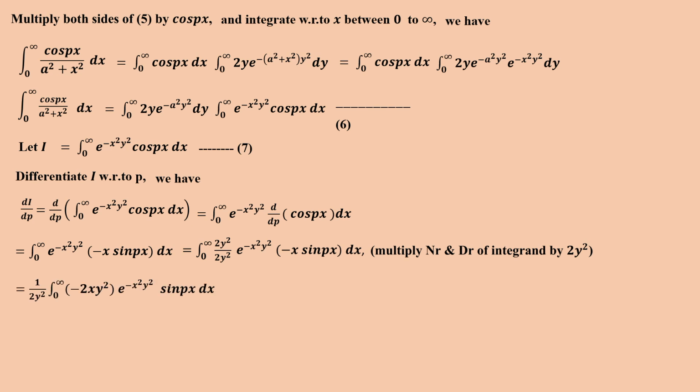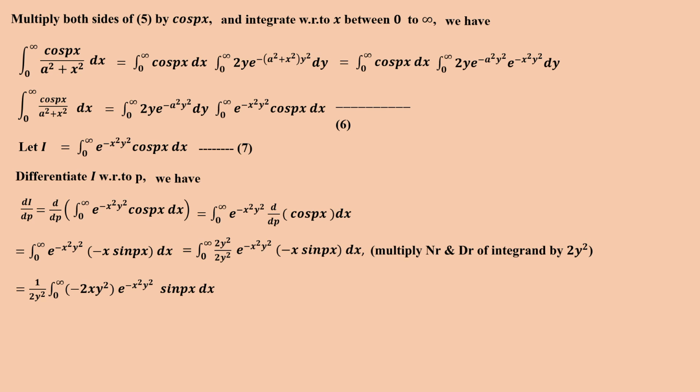Now that is equal to taking 1 by 2y square outside of the integration, so equal to 1 by 2y square, the integral from 0 to infinity, grouping minus 2x y square as one term, e power minus x square y square, because the differentiation of e power minus x square y square is e power minus x square y square into the differentiation of minus x square y square, which is minus 2x y square.